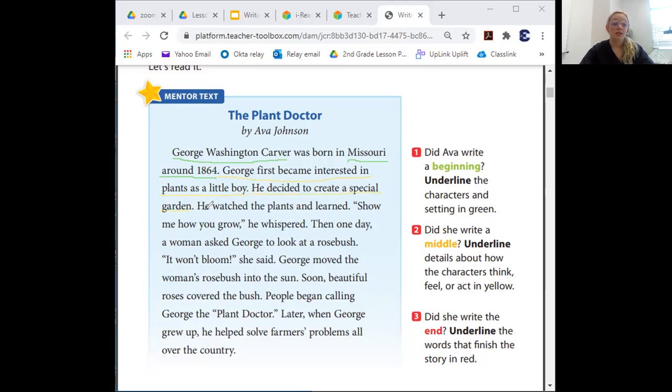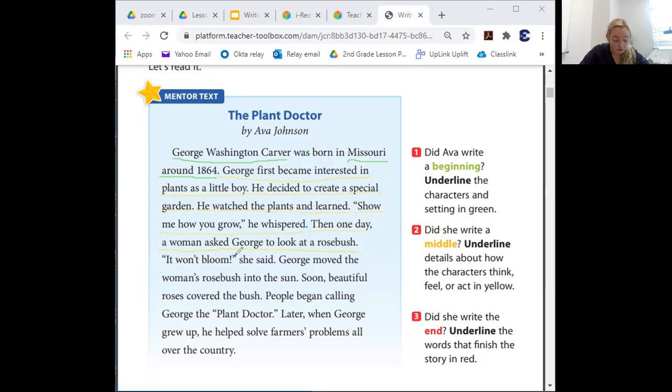He watched the plants and learned. Yep, that's another action. "Show me how you grow," he whispered. That is another action. Then one day, a woman asked George to look at a rose bush. Okay, that's also another action a woman in his life took. "It won't bloom," she said.